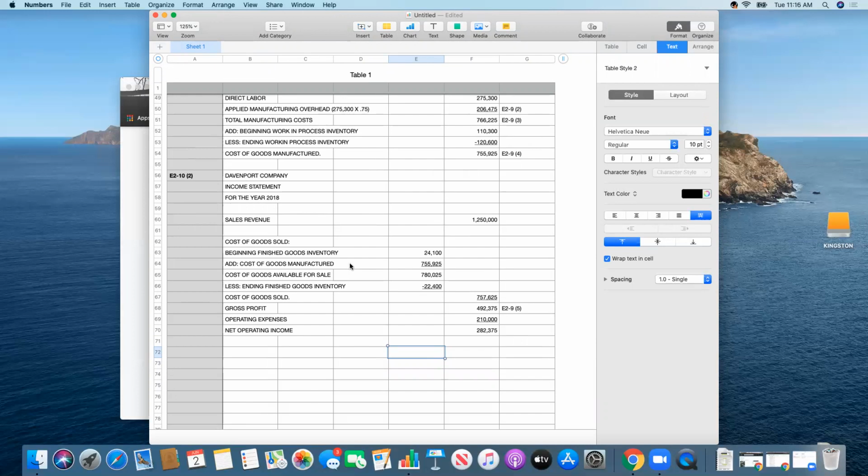So maybe what we need to do is make a list of all the overhead expenses and try to find a different cost driver. Is there something that drives that number more than, say, direct labor, right? Yes, some of them could be based on direct labor, but maybe others could be based on something else. That's known as activity-based costing, and that is chapter 4. So next video will be on that.